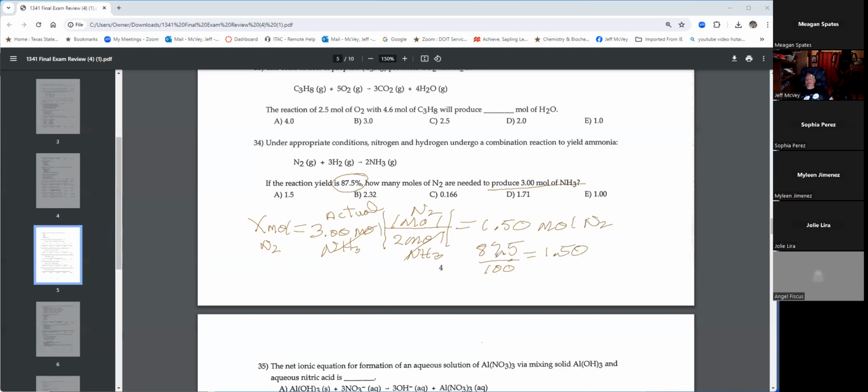So what I need to do here is divide 1.50 moles by 0.875. What do I get?